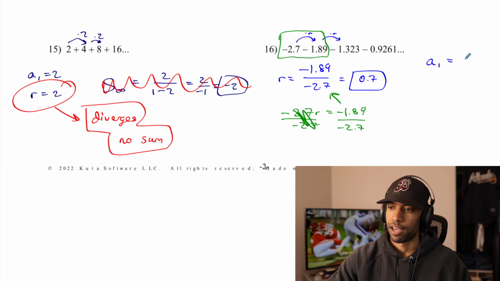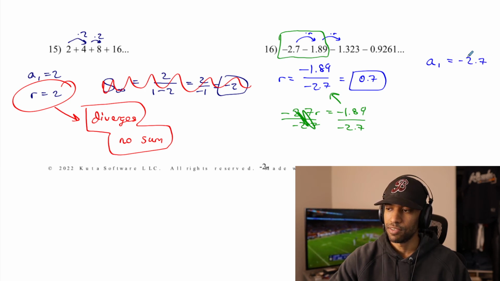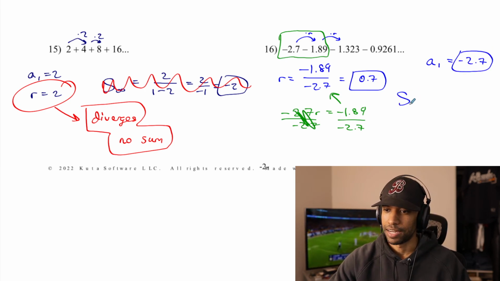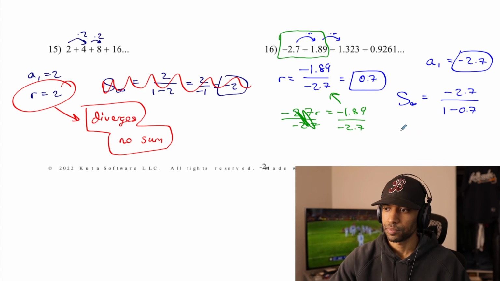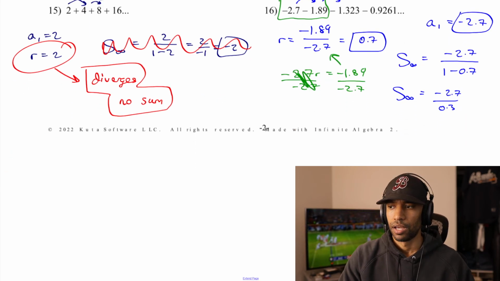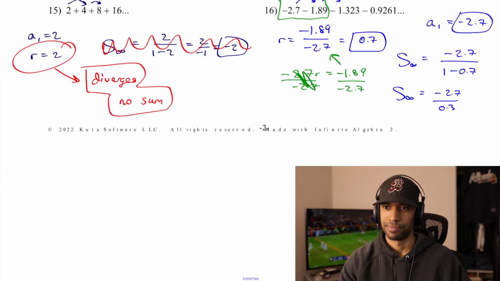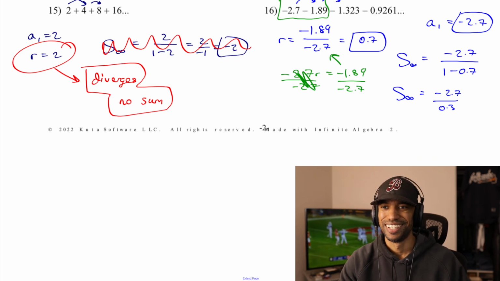We have a value of the first term of negative 2.7. So let's go ahead and find our infinite sum here by doing negative 2.7 over 1 minus 0.7. This is going to be negative 2.7 divided by 0.3. I don't want to be wrong, but I think that's negative 9.